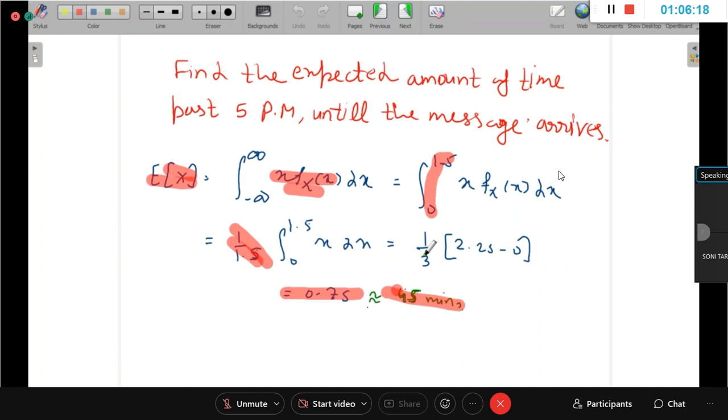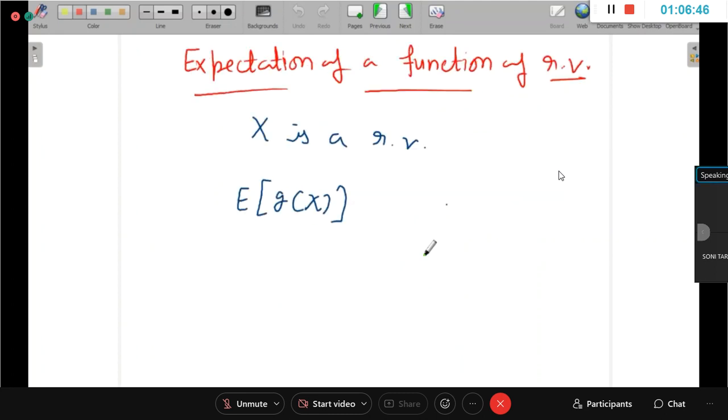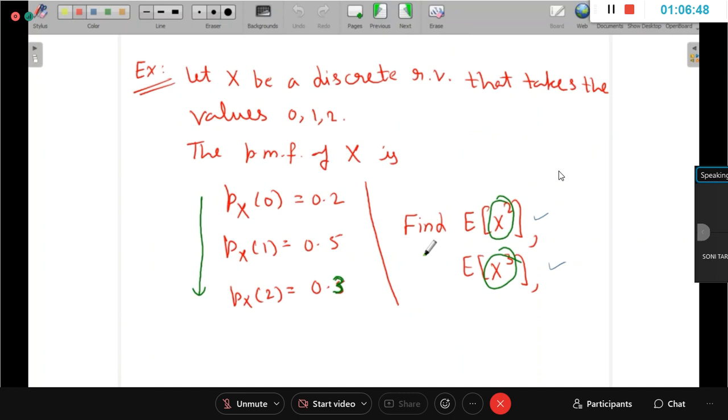So a function that is a more general one. Instead of x to the power 2 or x to the power 3, now you can work with sine of x, cos of x. Means x follows a continuous distribution, and sine of x will follow some distribution, a sine curve or cosine curve, and so on. You can take now any function. How will you define the expectation of that function of random variable x?